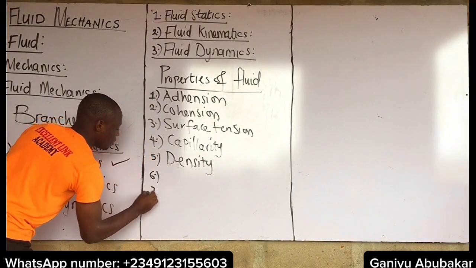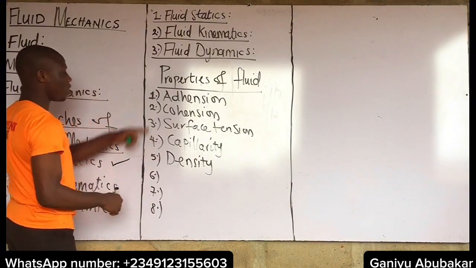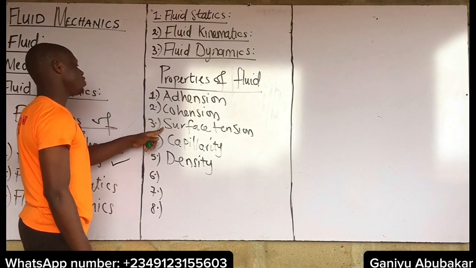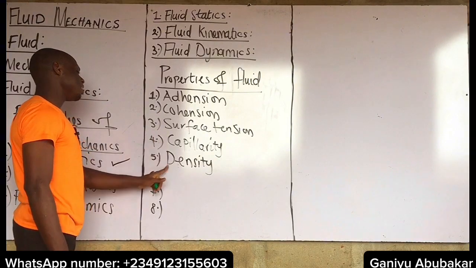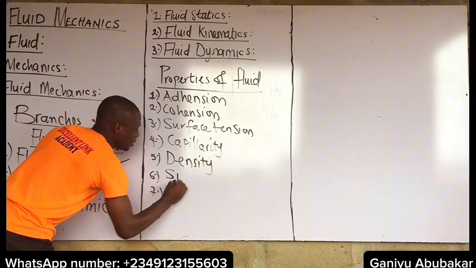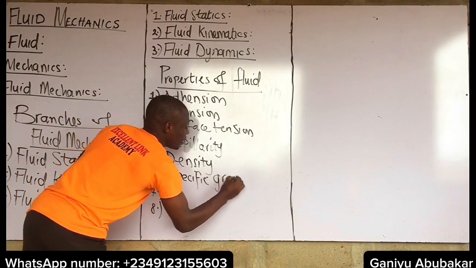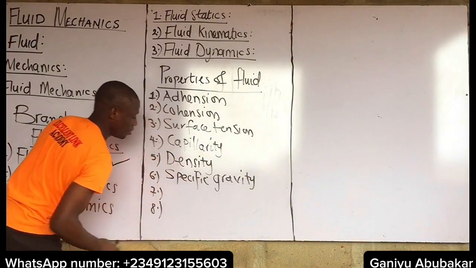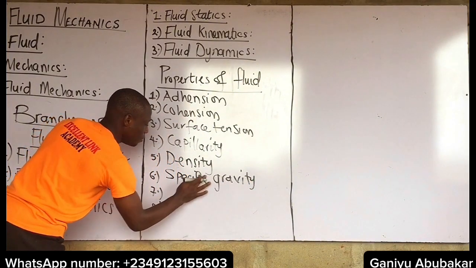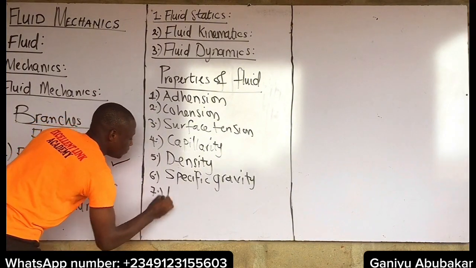Number six, specific gravity. Number seven, relative density.